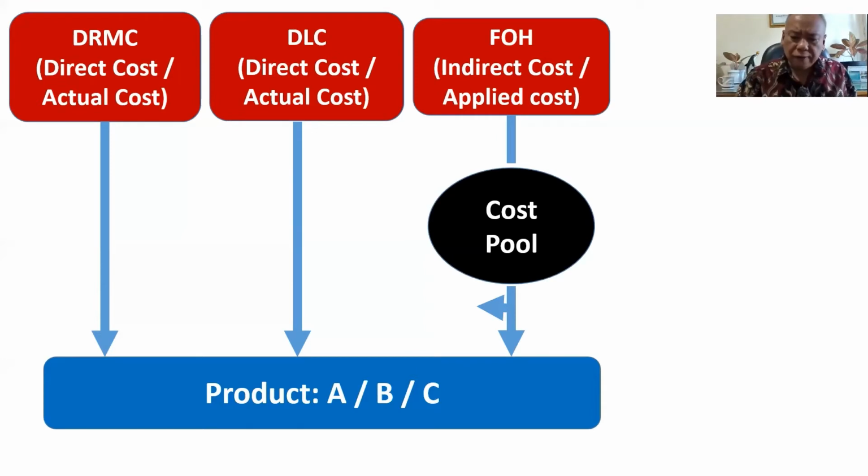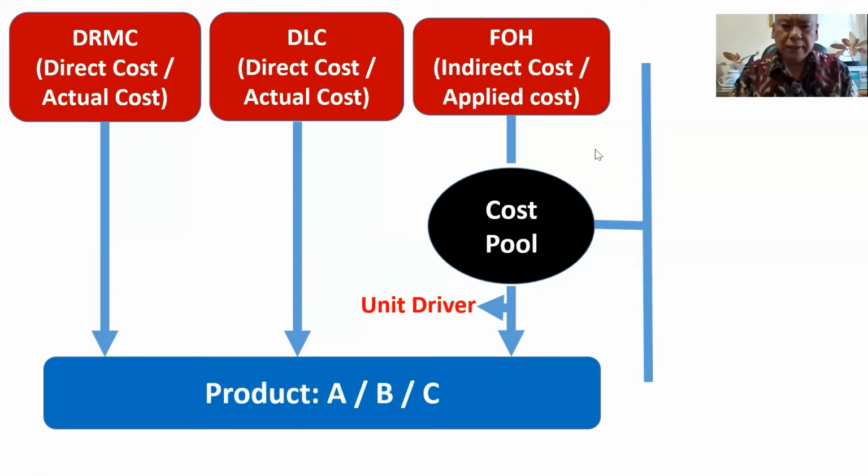We call them unit drivers because these drivers are driven by the units produced. The more units produced, the more unit drivers, and the more factory overhead costs. Otherwise, the fewer units produced, the fewer unit drivers, and the less factory overhead costs.